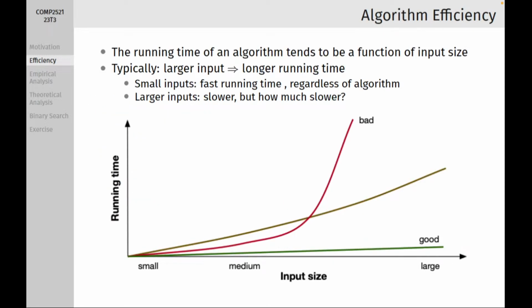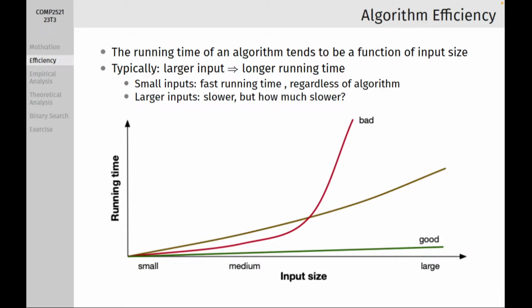All right, so think about an algorithm. We will give the algorithm an input and it produces some outputs. So how long is that algorithm going to take? Well, the running time of the algorithm tends to be a function of input size. What that means is that how long the algorithm takes will depend on the input size. And why is that?